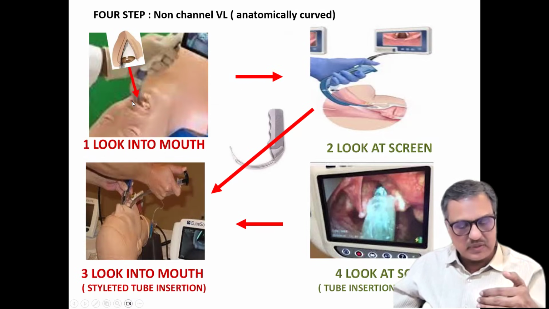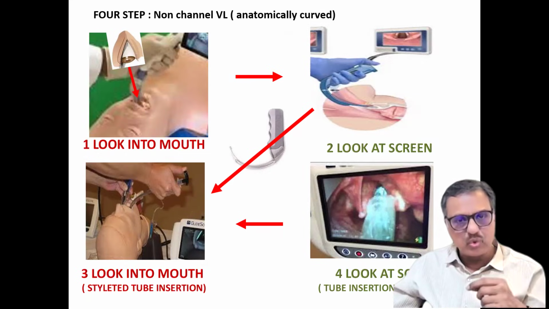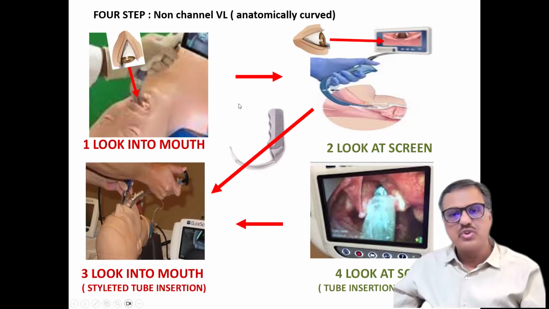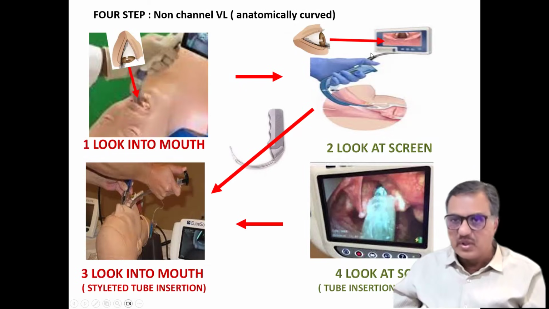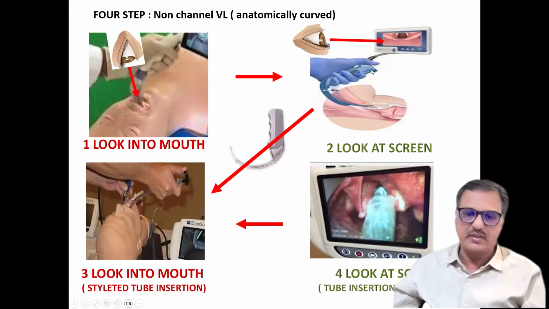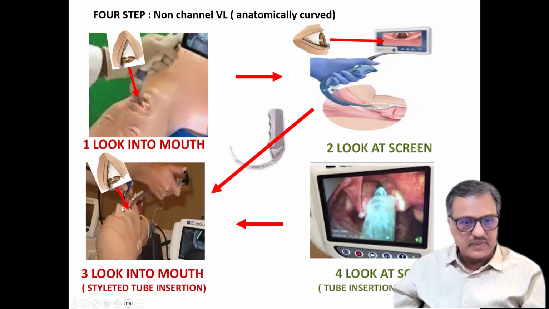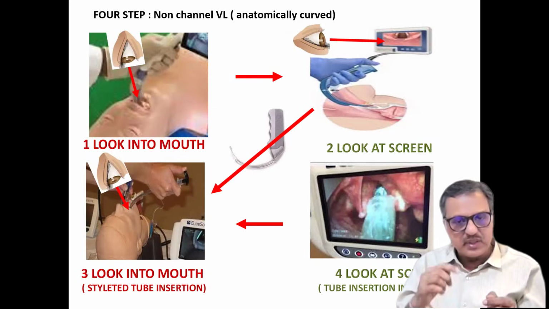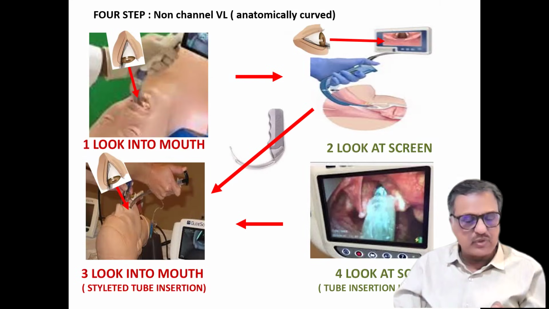Once you insert the blade into the oropharynx, you have to rotate the blade as per the oropharyngeal curve, and then change your eyesight from mouth to screen. Then you have to centralize the image. Once you centralize the image, the third step is to look in the mouth again and insert the styleted tube from the angle of the mouth.